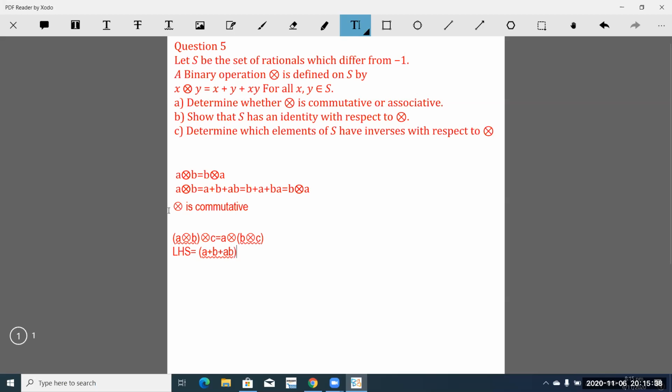And then we have circle XC. So what's (A plus B plus AB) circle XC? Think of all of this as your X now.